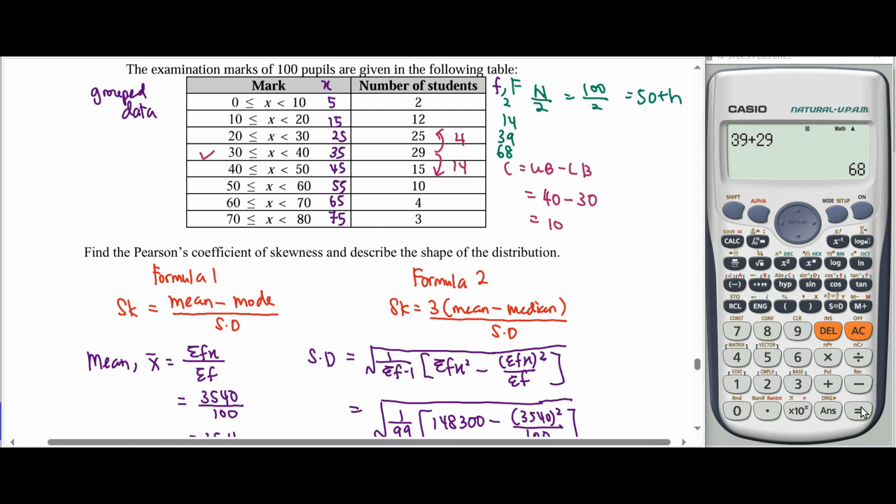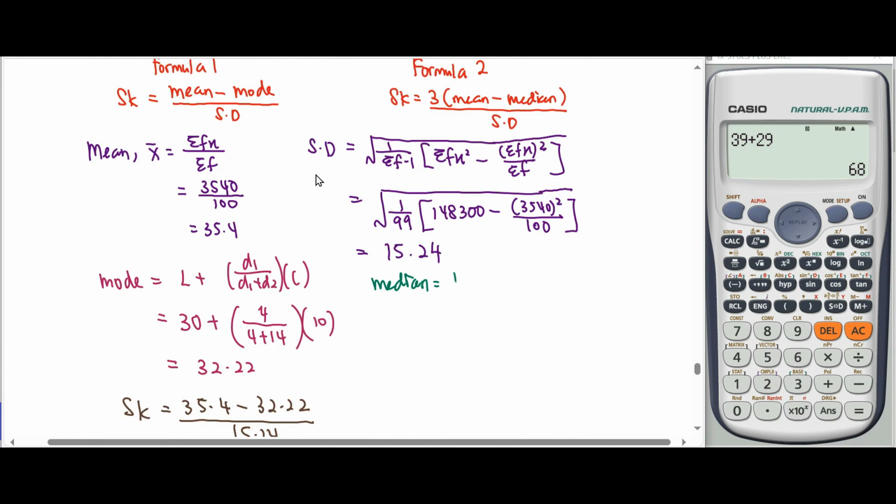So I think I can stop here. So our median class also happens at 30 until 40. This is my median class. So your lower boundary is 30. So L plus position minus cumulative frequency over its own frequency times size of the class. Lower boundary is 30.